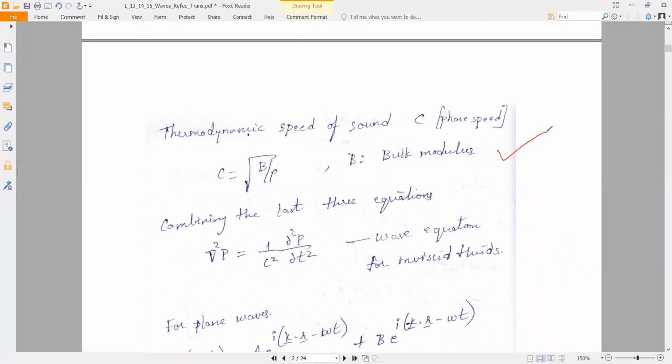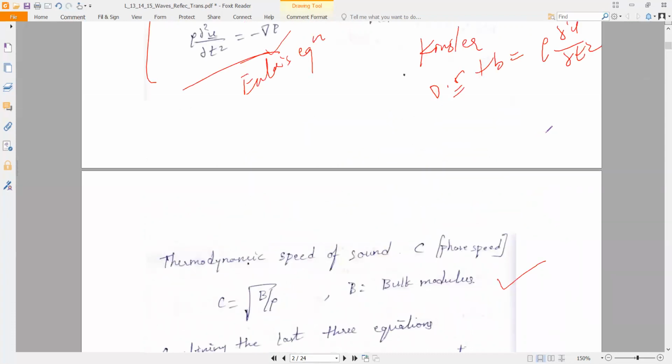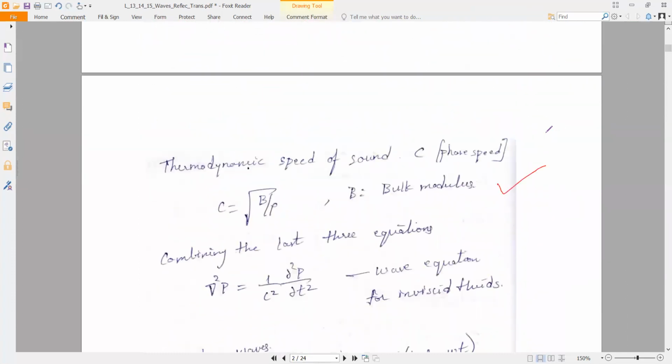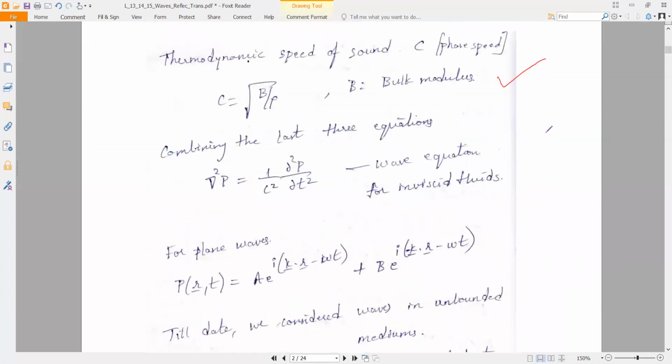For now we will assume this is also well established, and we will take it. So you combine all these equations. The equation which you would get is del square p equals 1 by c square del square p by del t square. This is also called a Helmholtz equation, or simply the wave equation for inviscid fluids.